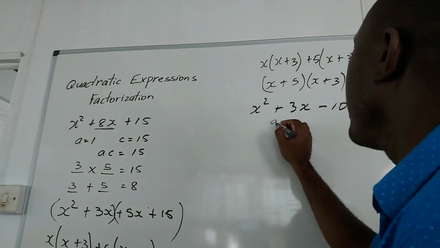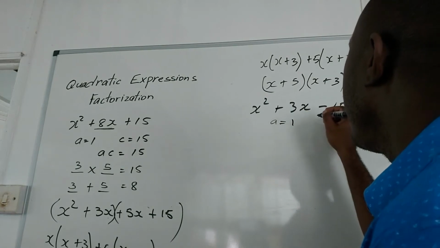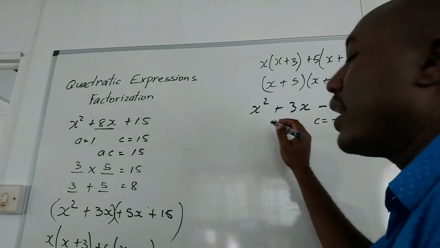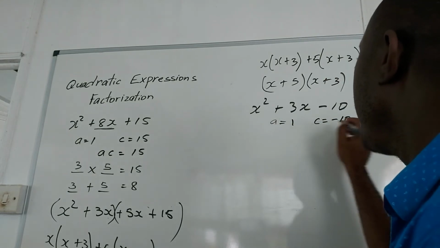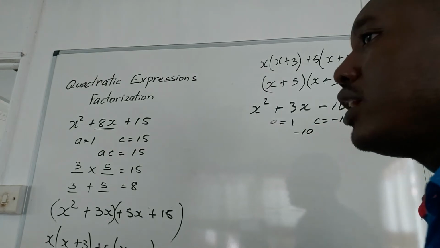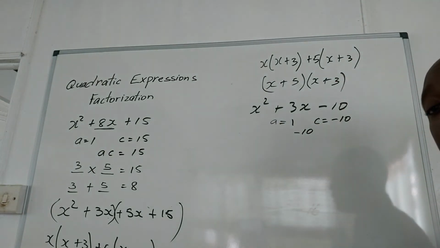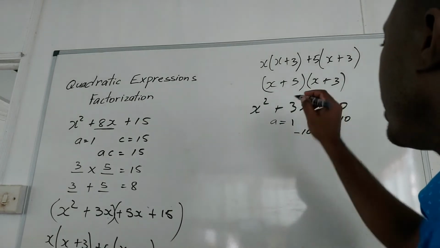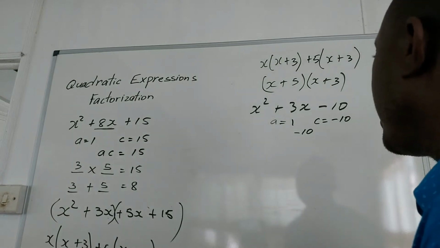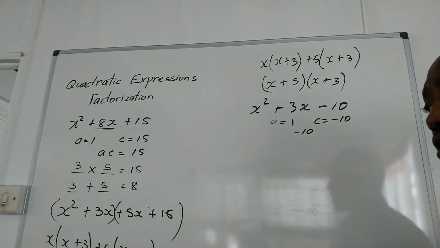Here a is equal to 1 and c is equal to negative 10. So a times c, 1 times negative 10, will give us negative 10. So we need two numbers that when we multiply we get negative 10, and when we add we get positive 3.